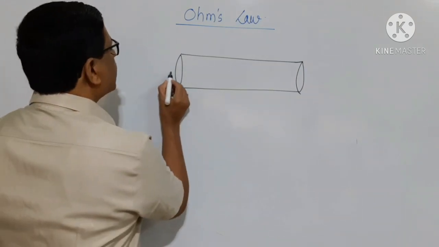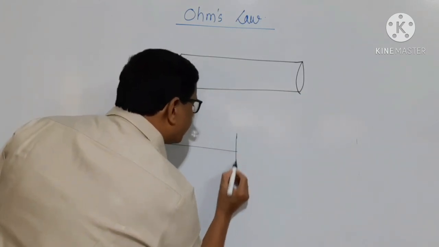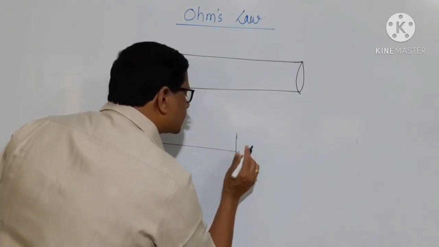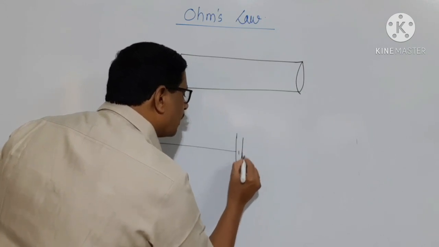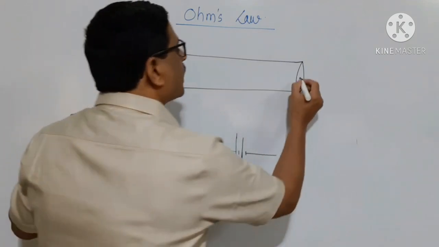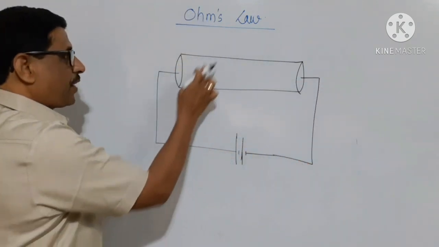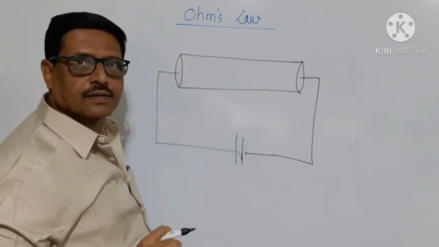When this conductor is connected to a source of electrical energy, that is a battery, then an electric field is produced at every cross section of this conductor.